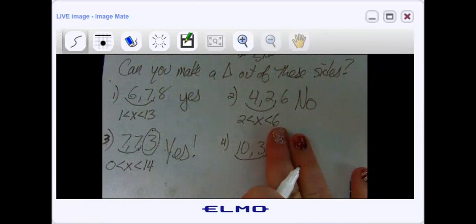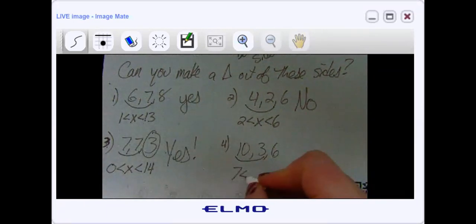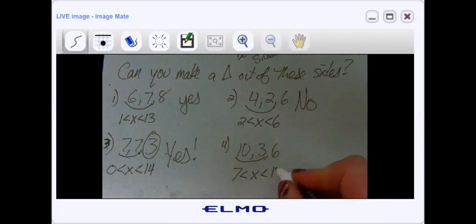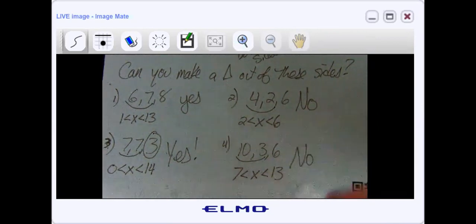The difference between those two is 7. So I need a number that's going to be bigger than 7 and less than their sum. 10 plus 3 is 13. So then I got to ask myself, well, does 6 fit into this range? No, right? So this one actually would not work. 6 is not in between 7 and 13. So no is my answer on that one.